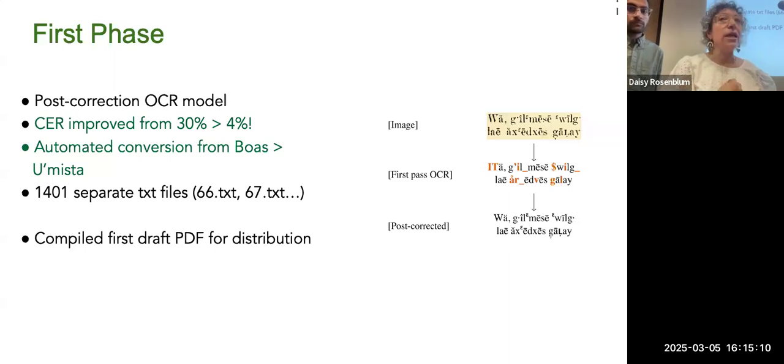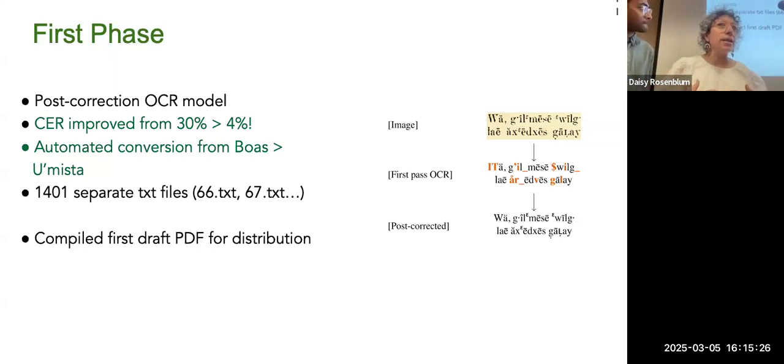I received it in the form of 1,401 separate text files, each named after the page number, 66.txt, 67.txt, et cetera.